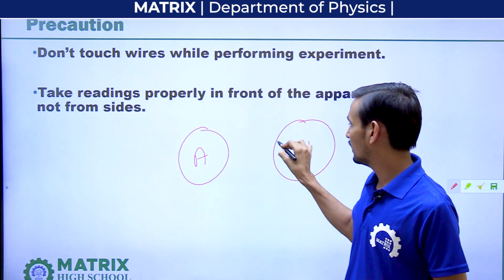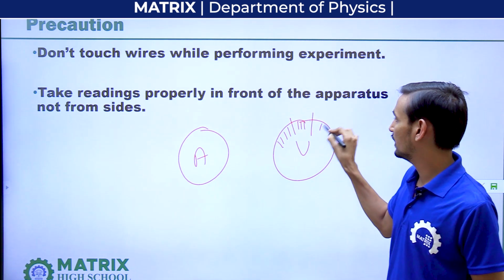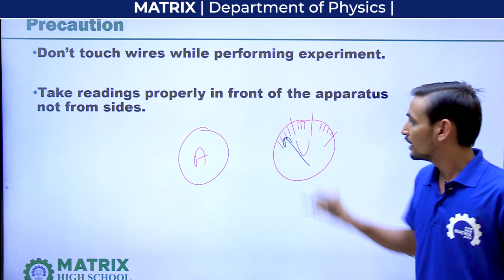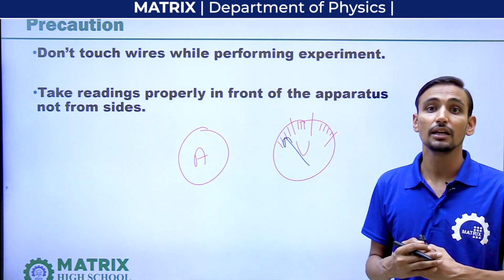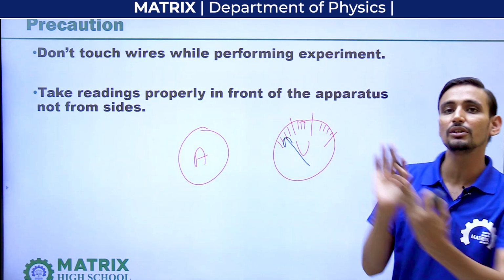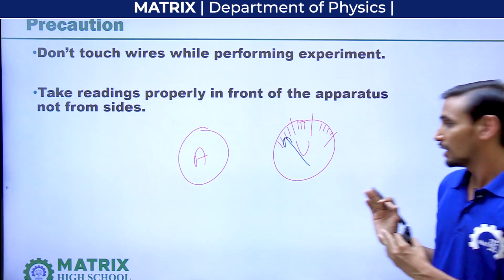there is a scale like this, and there is a needle. If you are performing the experiment, then you have to take the reading of these scales from the front side of the instrument, not from the sideways.